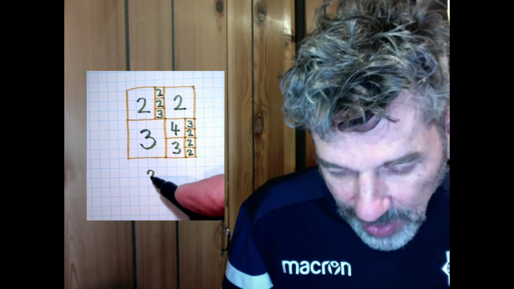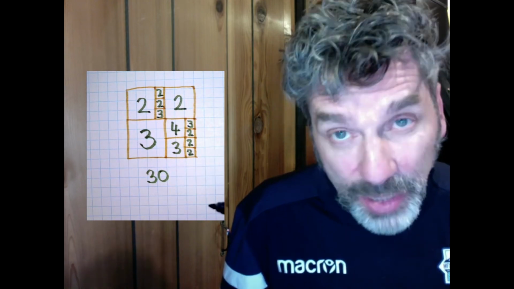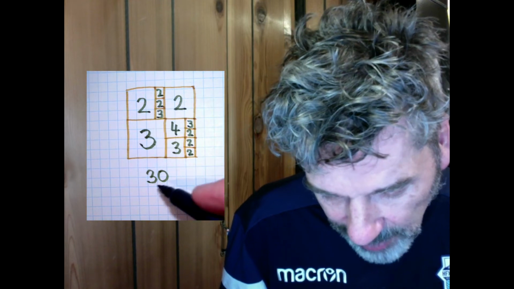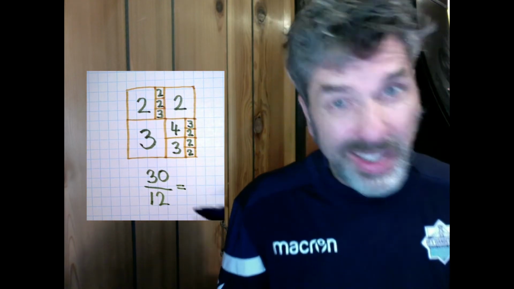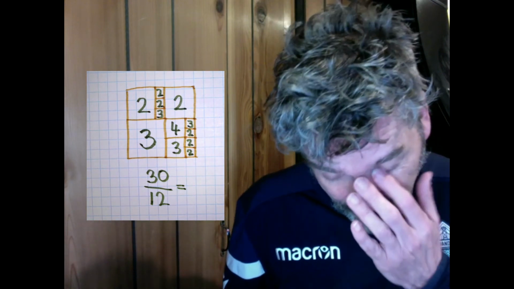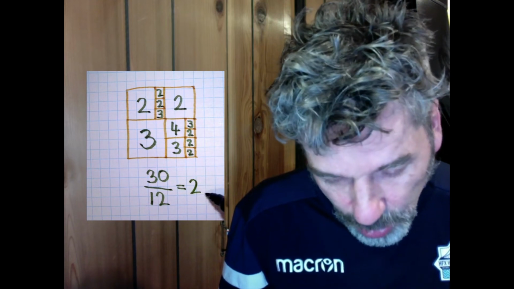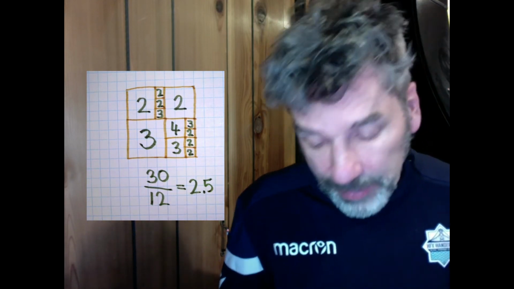So we have 30 divided by the number of squares. 1, 2, 3, 4, 5, 6, 7, 8, 9, 10, 11, 12. 30 divided by 12. And you can get a calculator or you can just do it by hand, but that's going to be about 2.5.